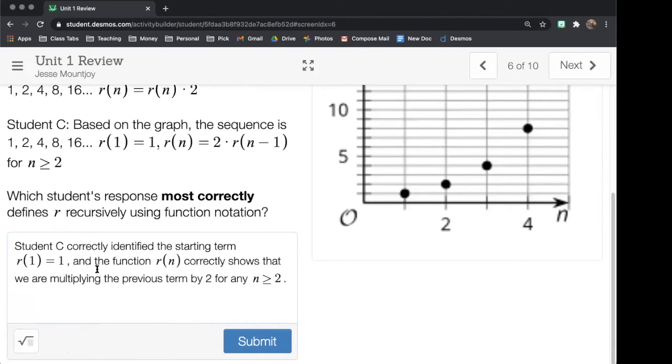Okay, so that is why student C is correct. And let's say why the other two are incorrect.